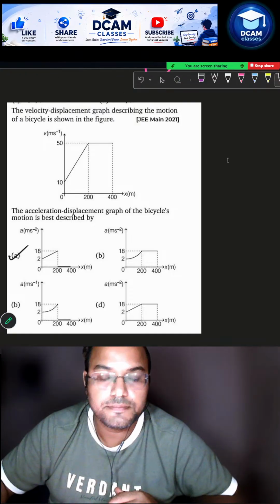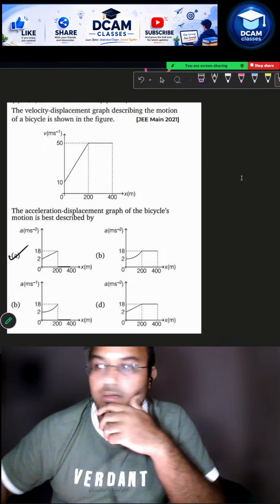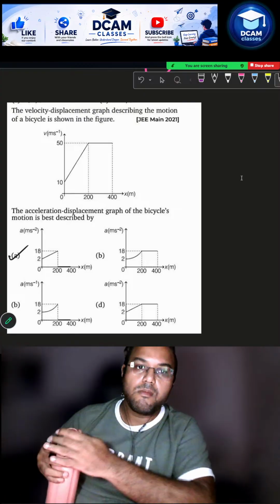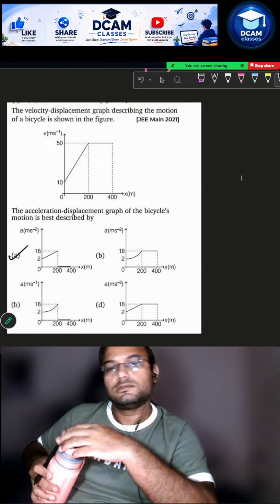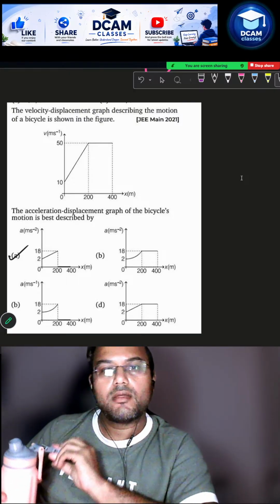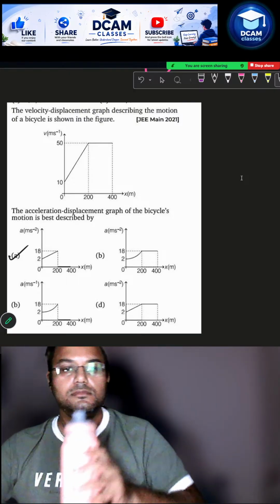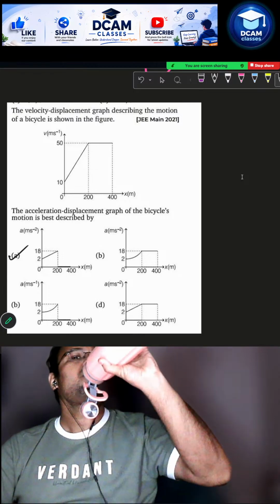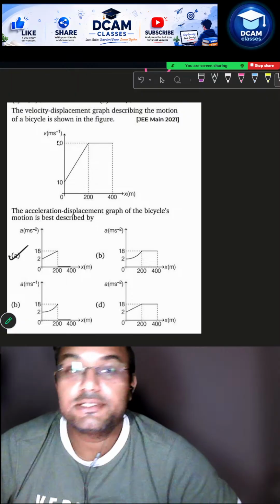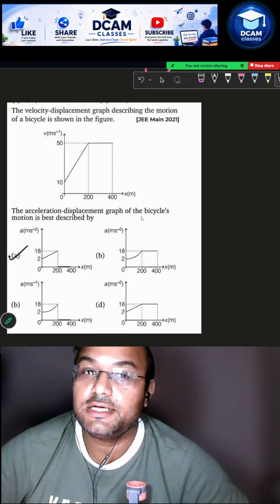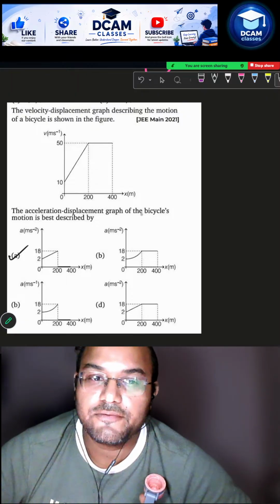You got it? No, sir, I didn't get it. I'm getting a different answer. It's not a velocity time graph. It is a velocity displacement graph.